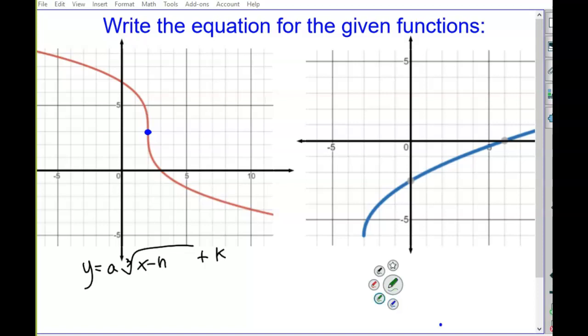So now, what I want to do is think, what happens if I move over 1 unit? Am I going up or am I going down to get to the next point? And since I'm going down, that's a reflection. Another way to notice this is notice how the graph is decreasing from left to right. That means my a value is going to be negative for sure because there's a reflection.